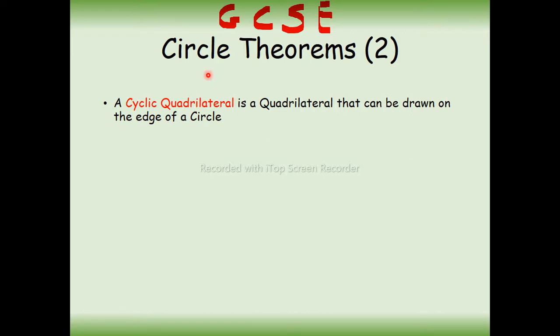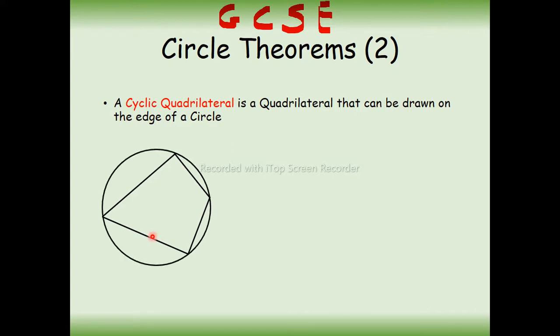Now, once we have a circle and we can put a quadrilateral inside the circle, then we call it a cyclic quadrilateral. Understand? So, for example, this is a quadrilateral, right? 1 side, 2 sides, 3 sides, 4 sides. Now let's throw a circle on it. Voila! It's called a cyclic quadrilateral. Just like that.